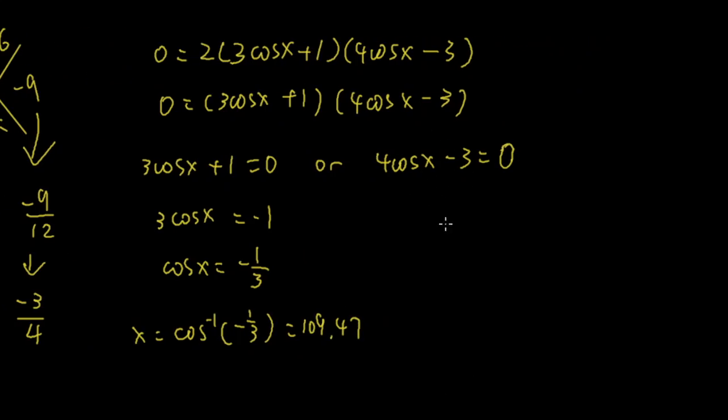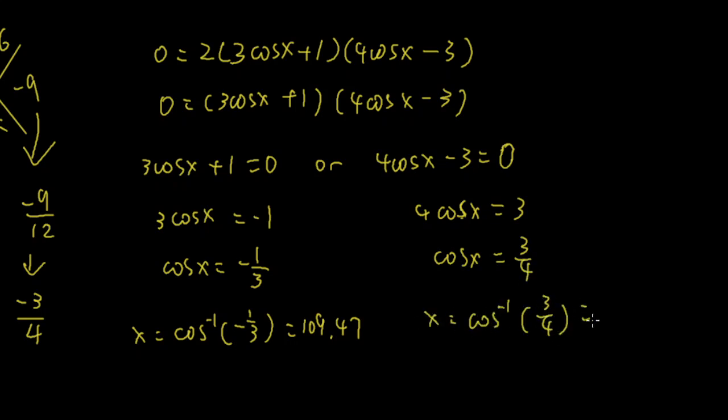For this one, let's try it out too. We add 3 to both sides. We have 4 cosine of x equals 3, and cosine of x is equal to 3 over 4. x is equal to cosine inverse of 3 over 4, which is approximately 41.41.